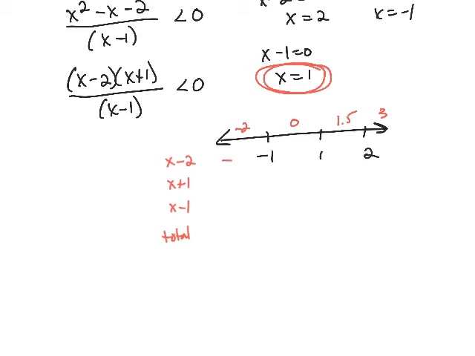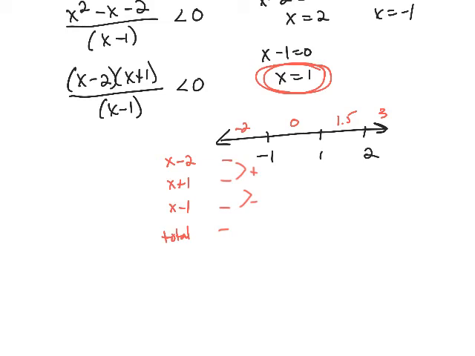For x plus 1, when I substitute -2 into x plus 1, -2 plus 1, that's still going to be negative. -2 minus 1 is negative. So then I have to go through, and I got to say, well, a negative times a negative is a positive times a negative is a negative. So the overall thing's negative. So it gets a little complicated.